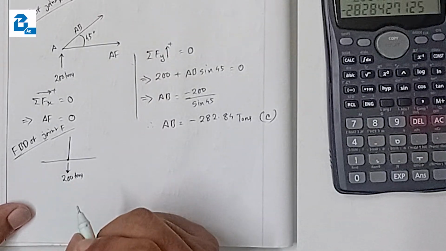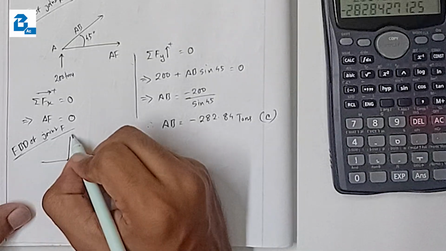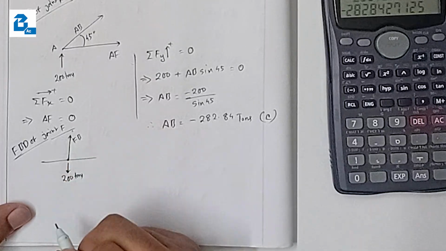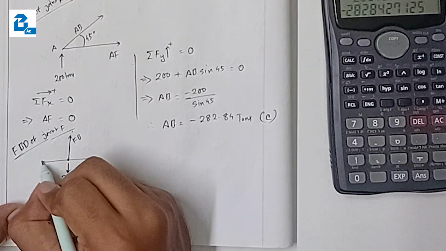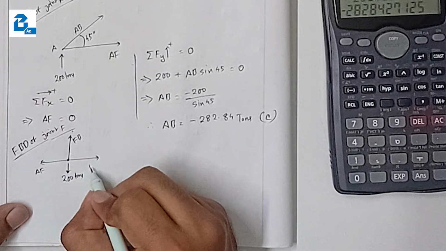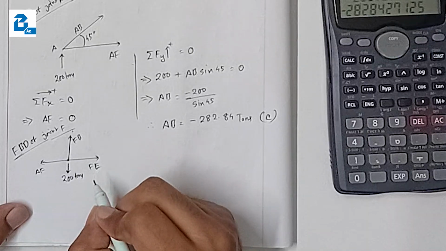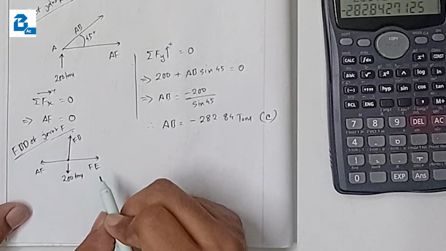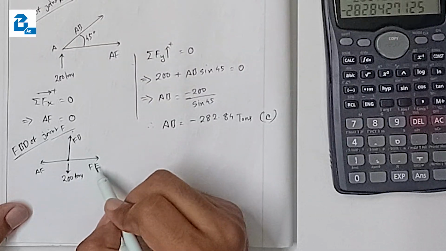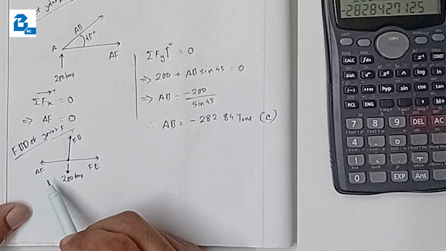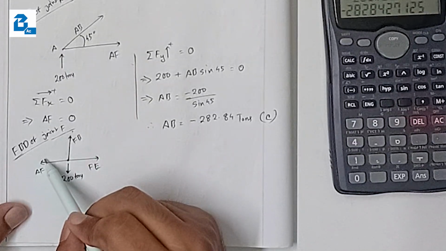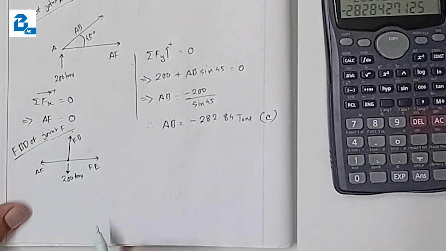This would be the FB portion of the joint, this would be the AF portion, and this would be FE. Notice that here we have two unknowns, FB and FE, or we can say BF and FE. And since we have found the value of AF from the previous one, this force is known.